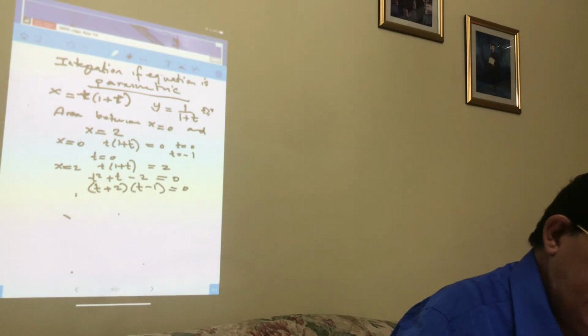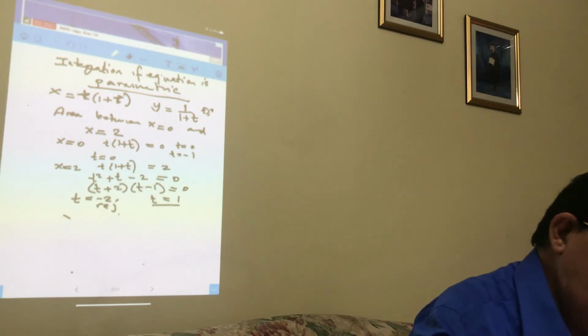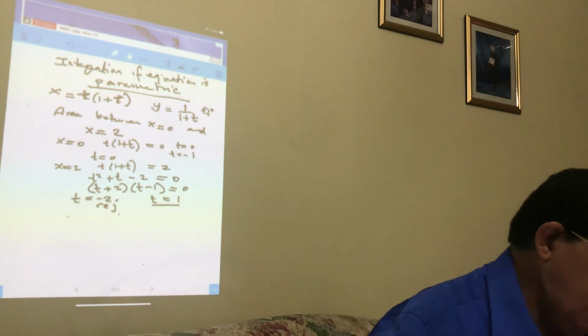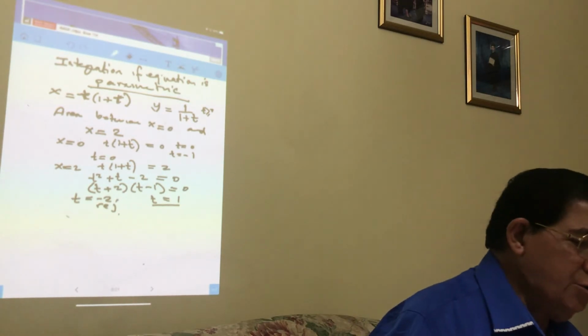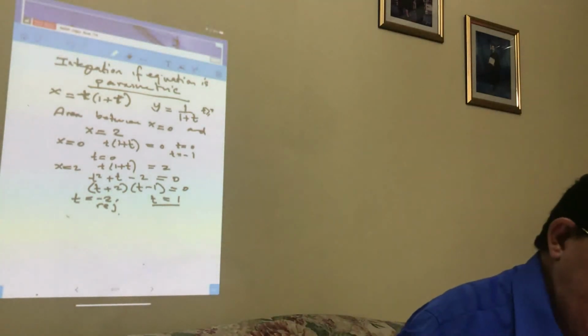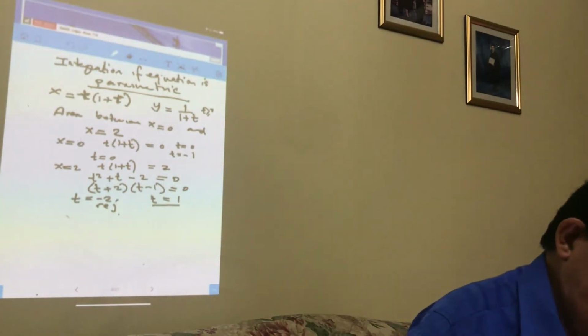Therefore, either t equals negative 2, rejected, or t equals 1. Therefore, we know the limits of integration: from 0 to 1 regarding t.